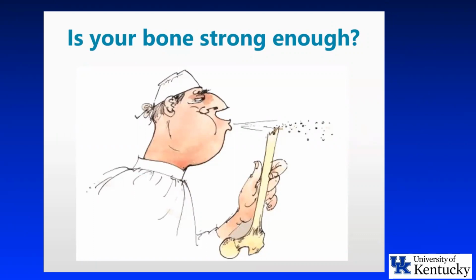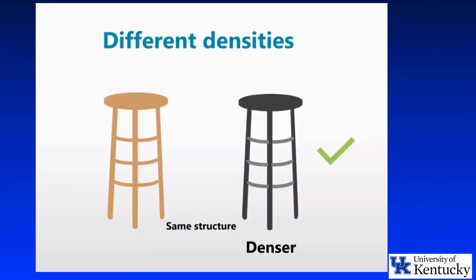How can I evaluate my patient's bone strength? We have to discuss briefly this concept of density and strength. It doesn't mean that a denser chair is stronger than another. So this seat is made of wood, and this seat is made of metal.